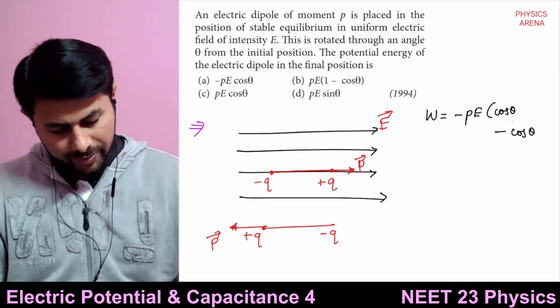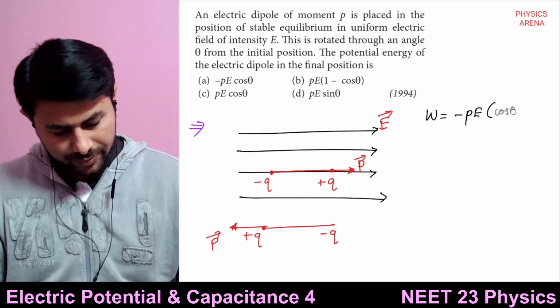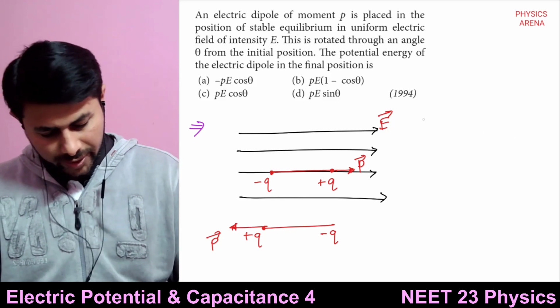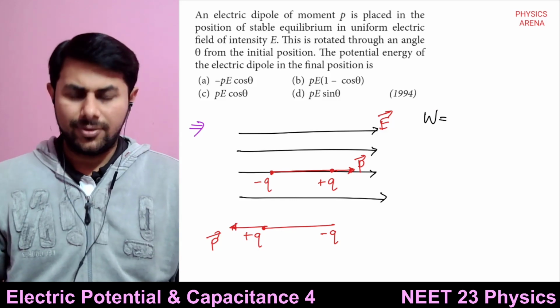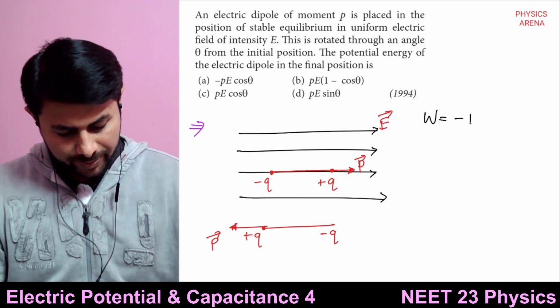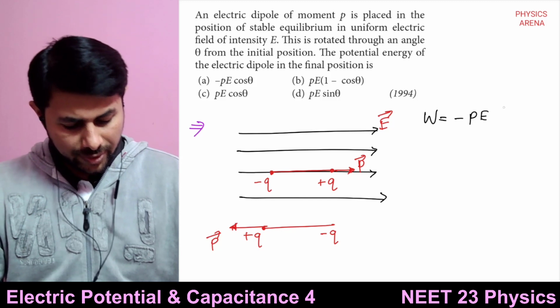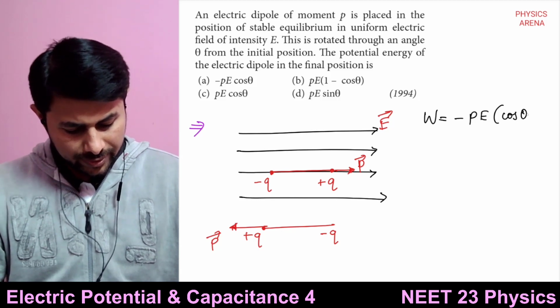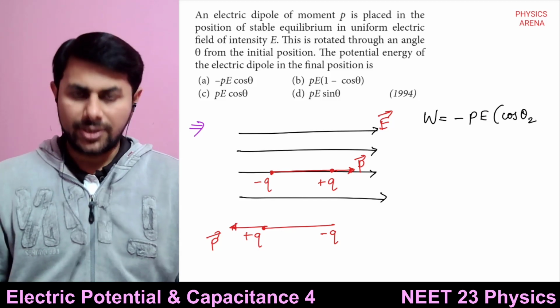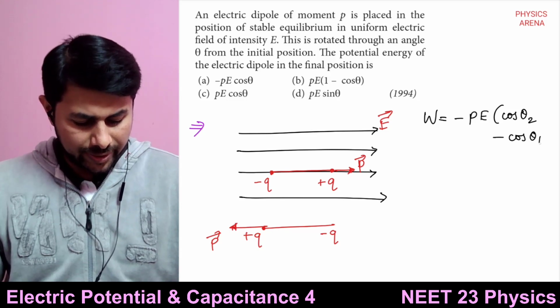Sorry. Theta 1 minus theta 2, right? Work done is equal to minus PE, cos theta 2 minus cos theta 1.